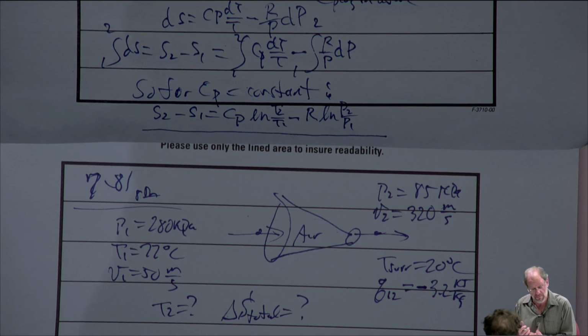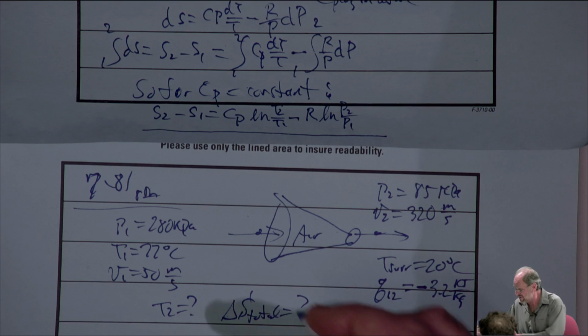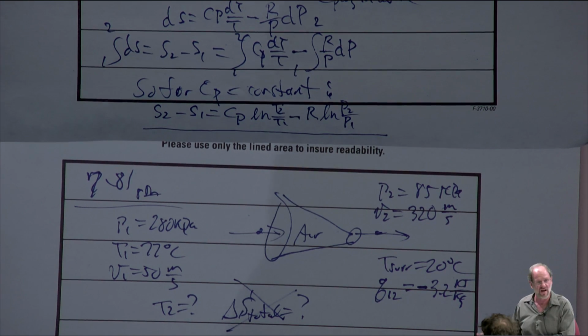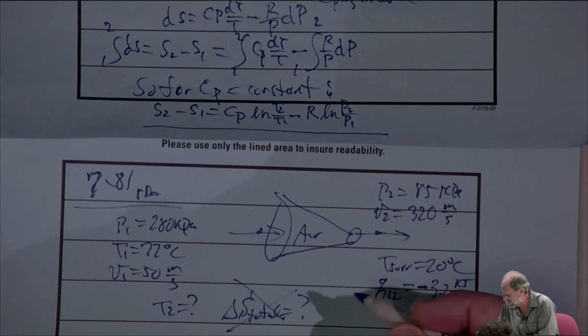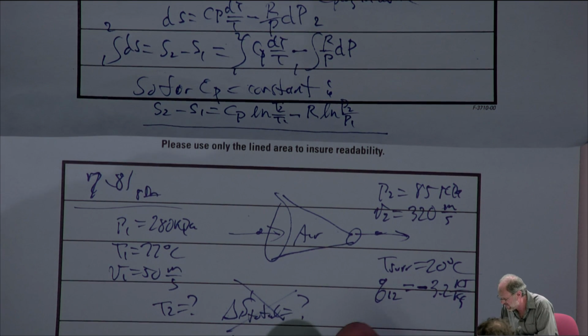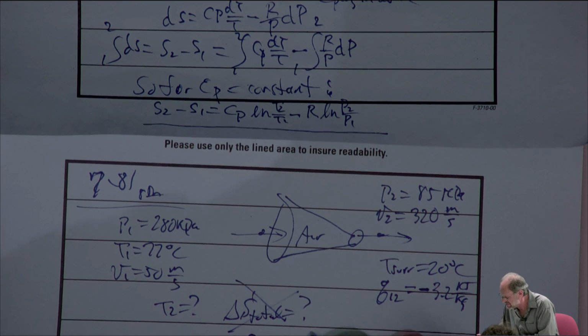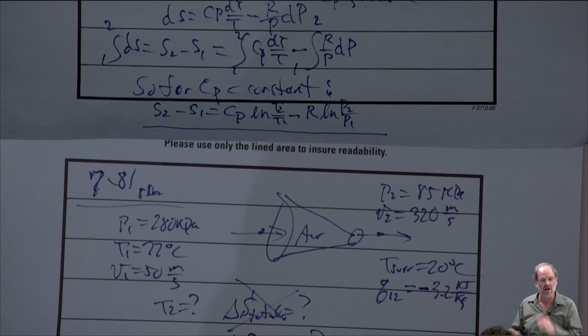What the author really meant to say was find this total specific entropy change for this process. We just don't have enough to find the total because we don't have any mass information, nor do we have any information that allows me to find the mass. So I'm just going to note that for you and note that it's really the total change in specific entropy that the author had intended to say we're trying to find for this problem.